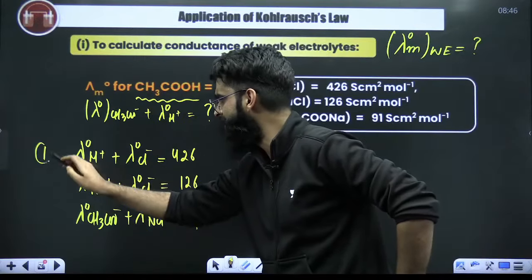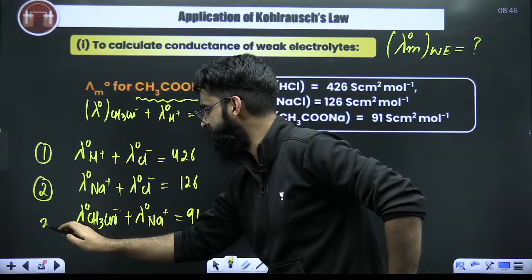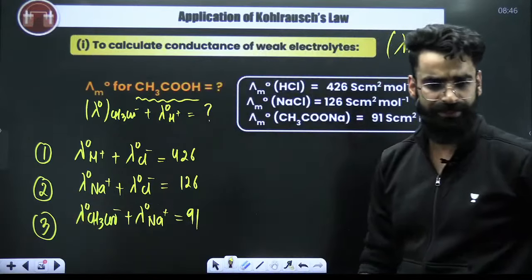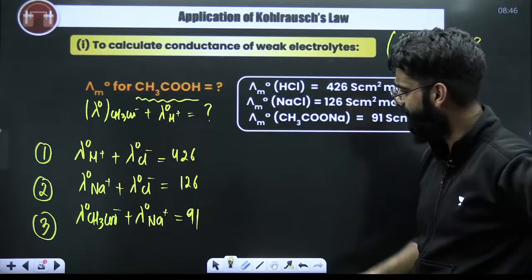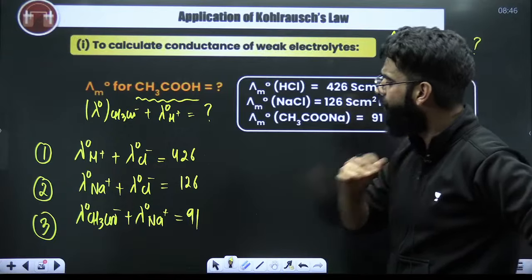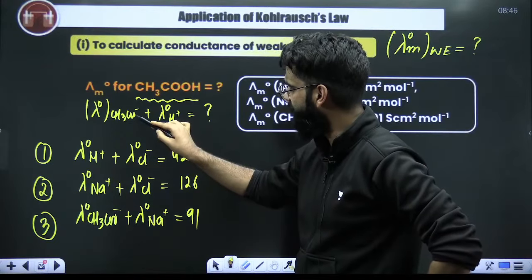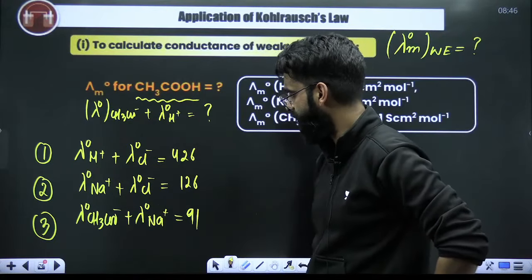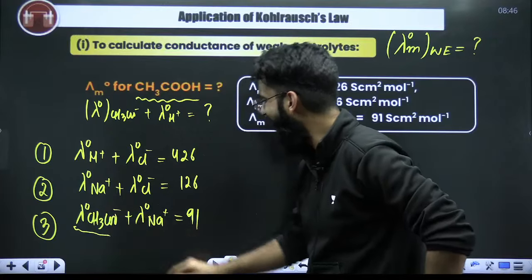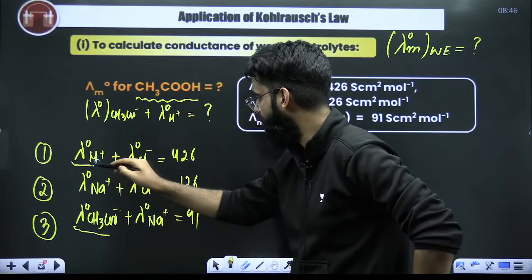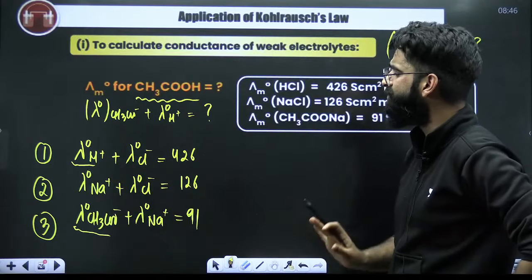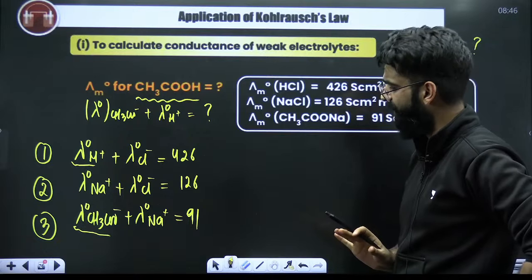Call this equation 1, this equation 2, and this equation 3. What do you need exactly? You need lambda naught of CH3COO negative and lambda naught of H positive. Rest all the terms should get cancelled.